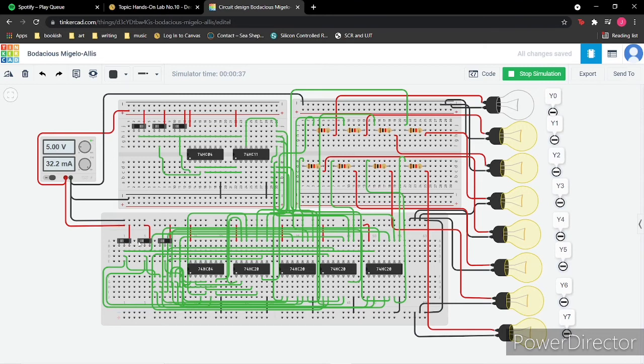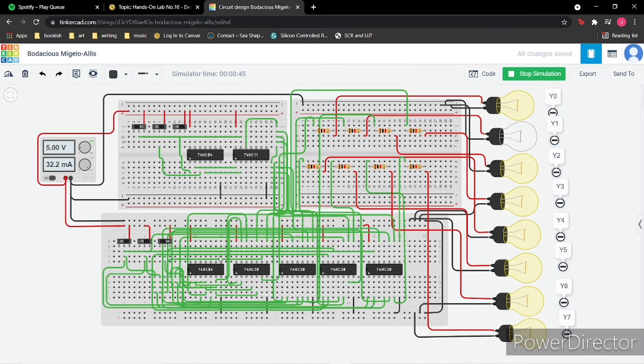Let's try these inputs: 0, 0, 1, that is Y1 equal to low, and 0, 1, 0, Y2 is low, 0, 1, 1, Y3 is low, 1, 0, 0, Y4 is low, 1, 0, 1, Y5 is low, 1, 1, 0, Y6 is low, and 1, 1, 1, Y7 is low.